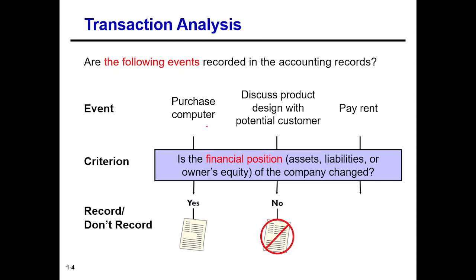Cash will decrease. So in this case, we will record it in the books of our business. So not every transaction will be recorded. It must impact or change the financial position of our company. By financial position, we mean assets, liabilities, or owner equity.